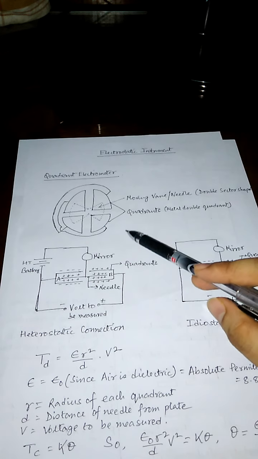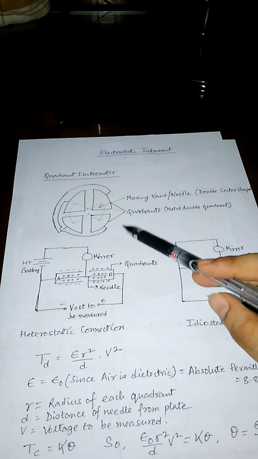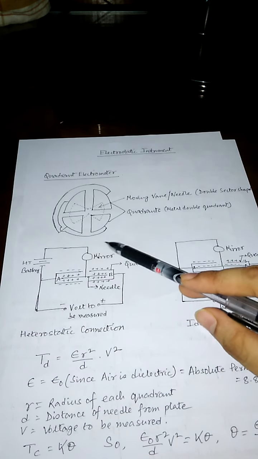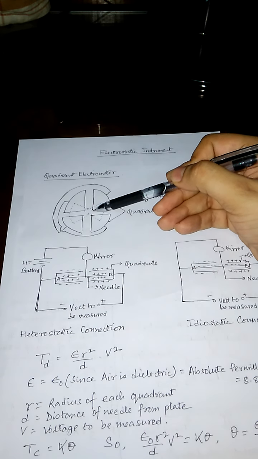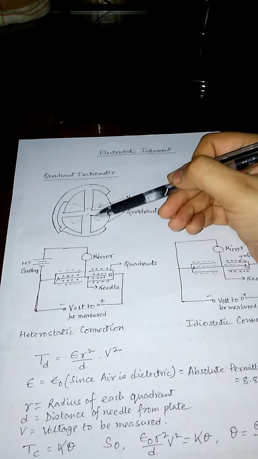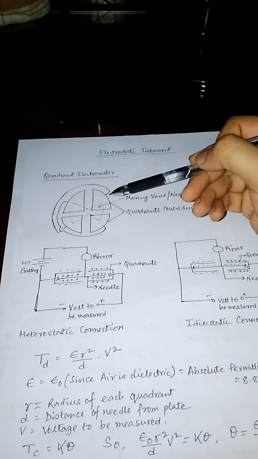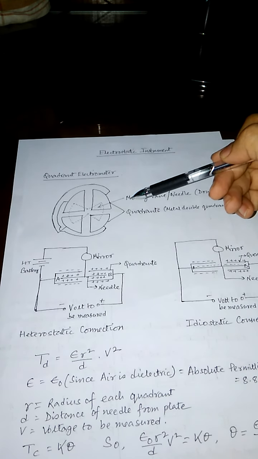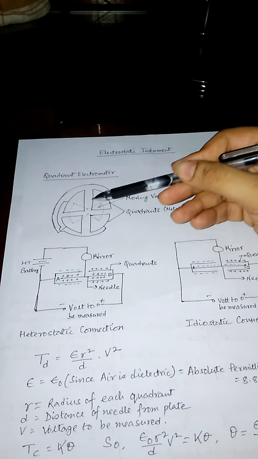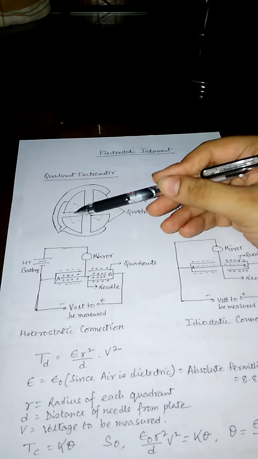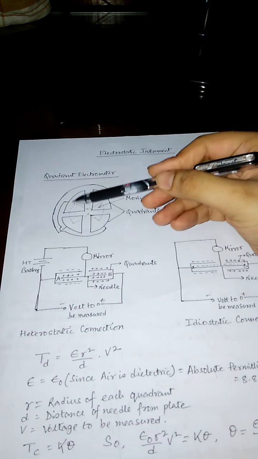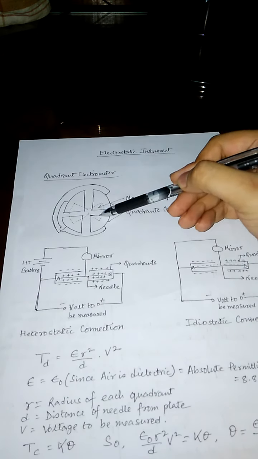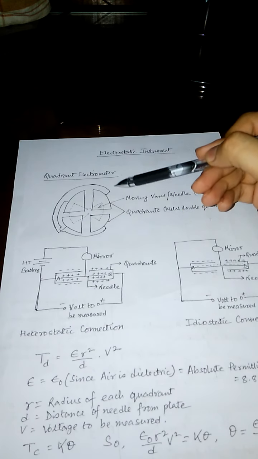Now the controlling torque is generally provided by the spring, and this arrangement is of such a type that you can suspend this vane from the top using a thread, or you can alternately mount this vane on a spindle on which a spring is also attached to provide the controlling torque.